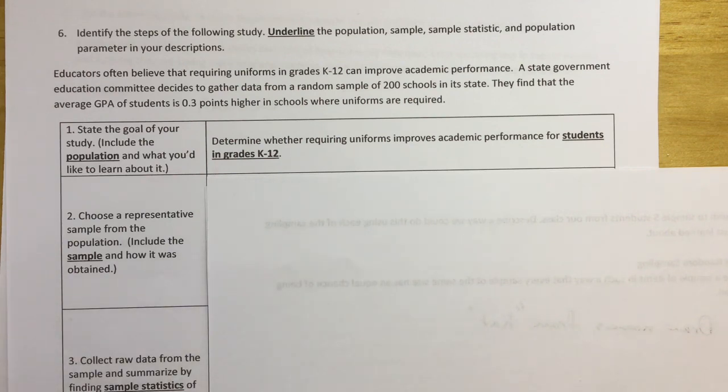What I originally thought here, but I don't think is what's going on, is that they took schools and required those schools to start wearing a uniform, and then reassessed how those kids did with their GPA. I'm just reading over that to make sure I said that right, and I believe that is true.